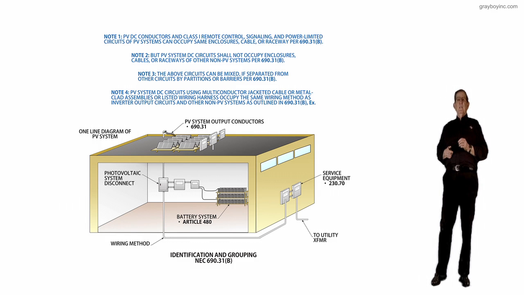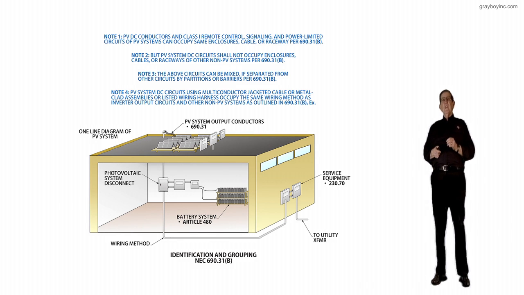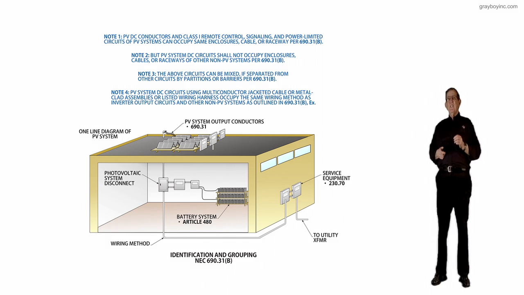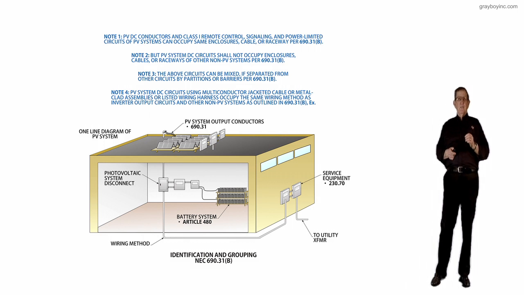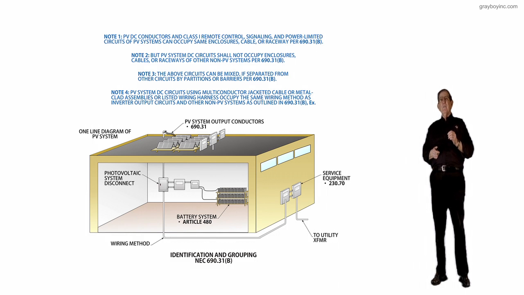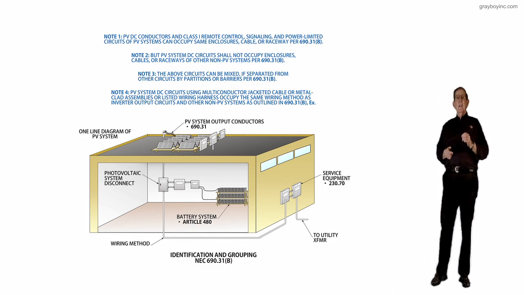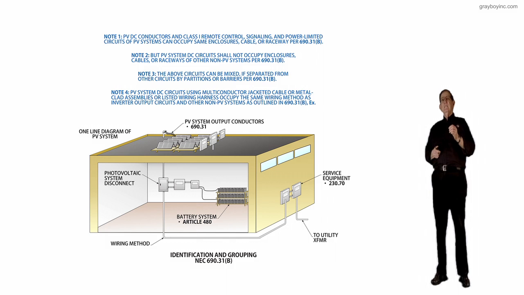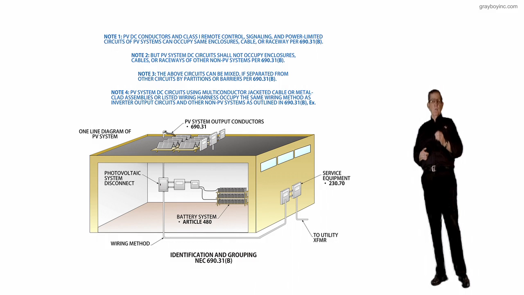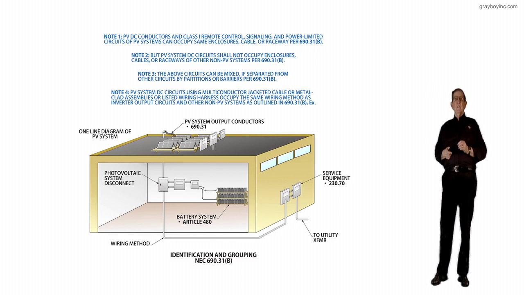The final note 4 states PV systems DC circuits using multiple conductor jacketed cable or metal clad assemblies or listed wiring harnesses can occupy the same wiring method as the inverter output circuits and other non-PV circuits as outlined in 690.31(B) when we use the exception as designers or installers.